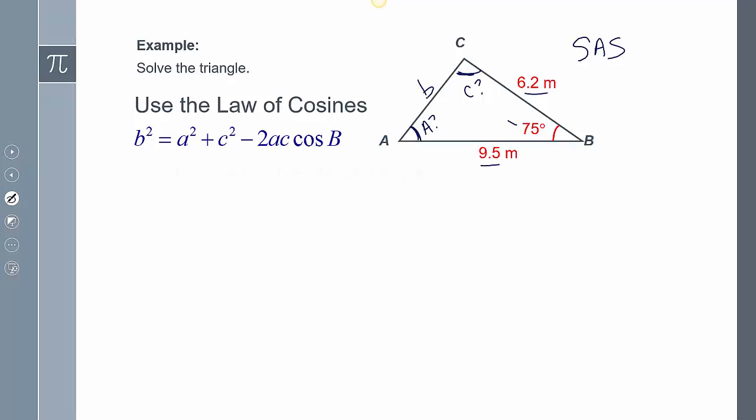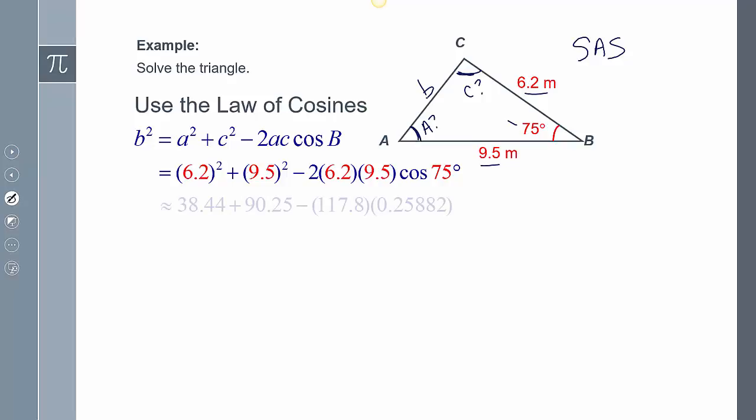When you plug in the values, it works out perfectly, because B squared equals, and the only variable I have is B, so I can solve for the variable. I understand that in my calculations I broke down everything individually, but you don't necessarily have to do that. You could just enter the entire statement into your calculator and it's going to give you the right answer.